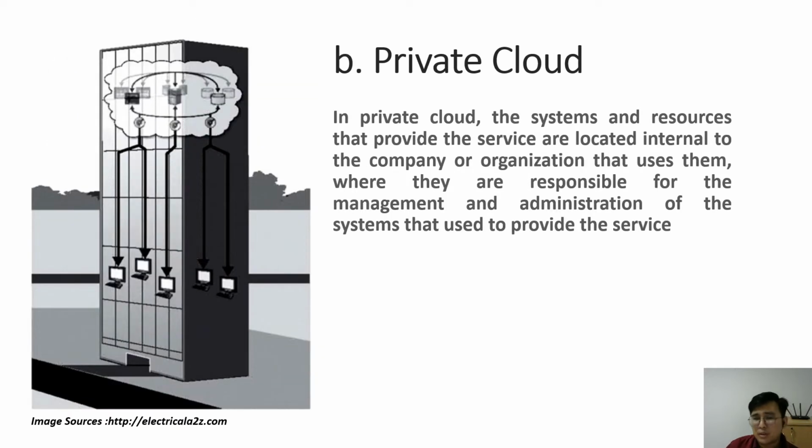Next one is the private cloud. In a private cloud, the systems and resources that provide the service are located internally. So not only do we have to choose our third party to provide the infrastructure, we also need to have our own technology, our own infrastructure located internally in the company.